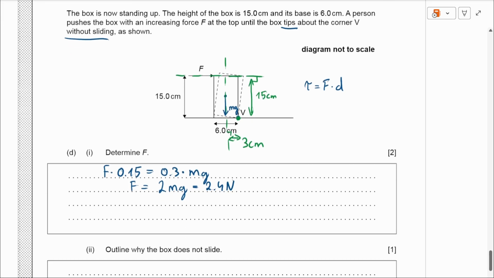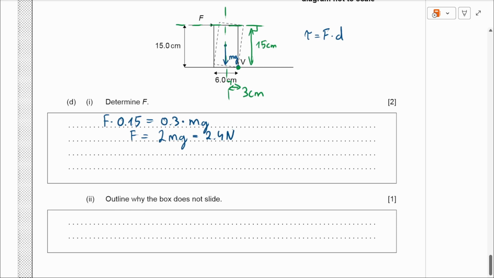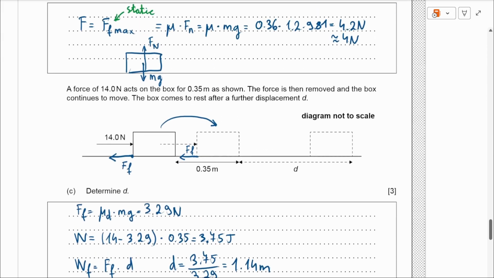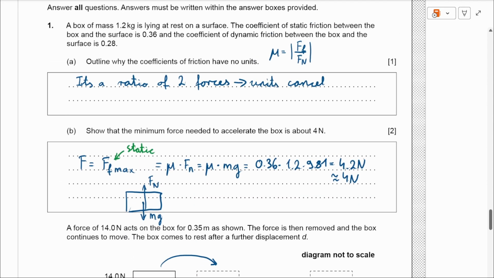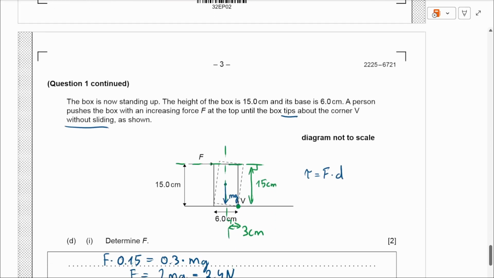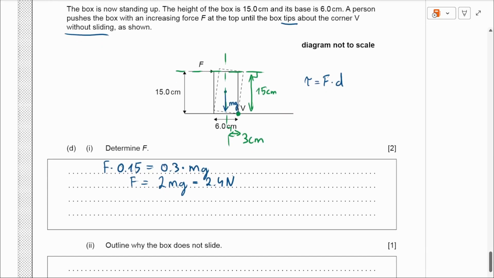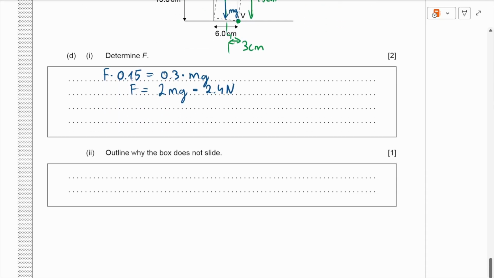So that's how we can solve this, and we have to outline why the box does not slide. So we have to think back to what our maximum force for the block was, 4 newtons, and the frictional force here would be only equal to the force that we are pushing with, so that is not big enough.